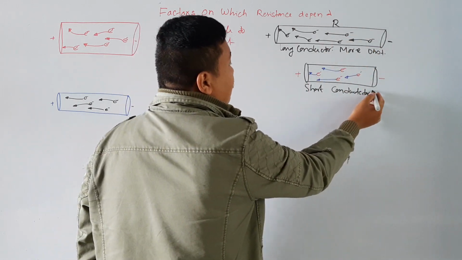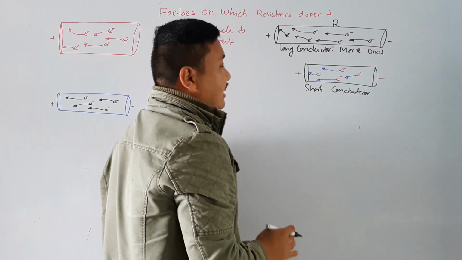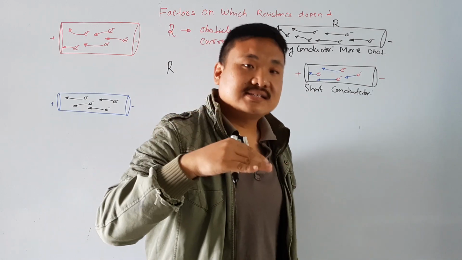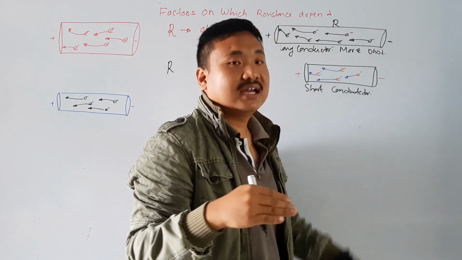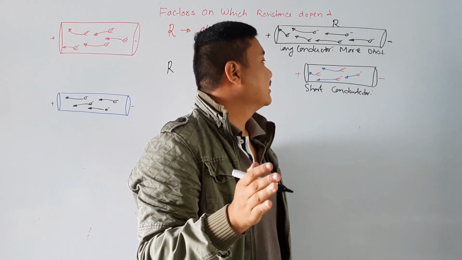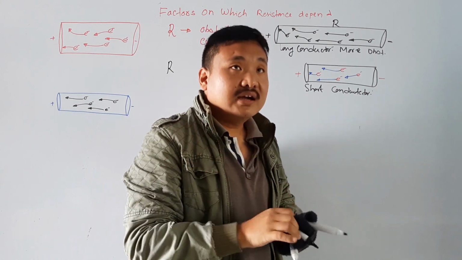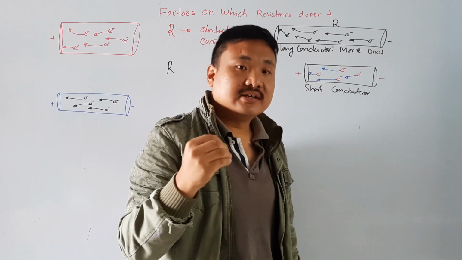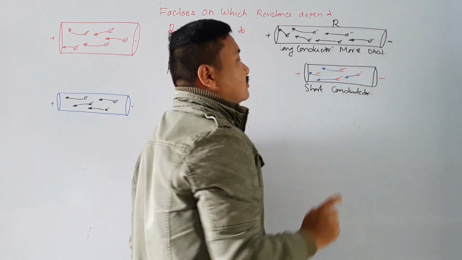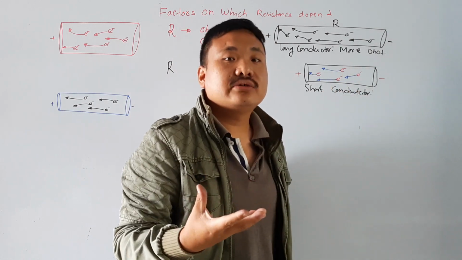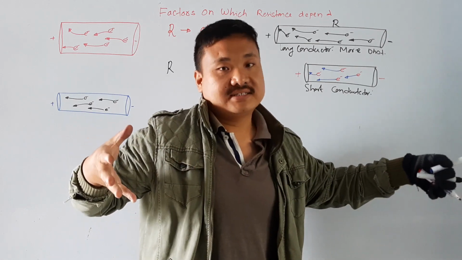If you take a shorter conductor, there are fewer difficulties for the electron to pass, because there are fewer atoms to collide with and it does not need to travel a long distance.